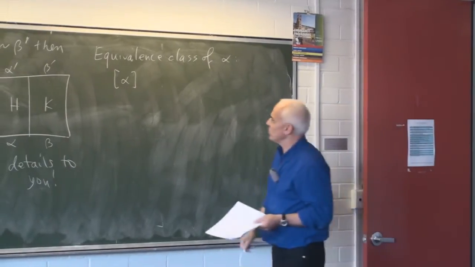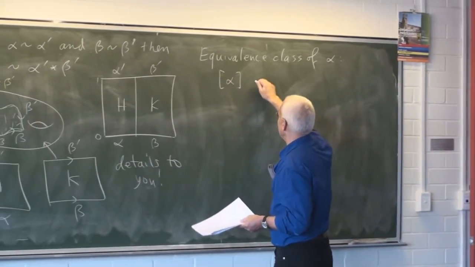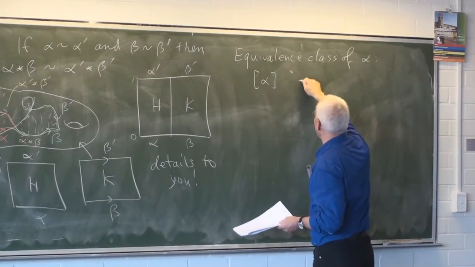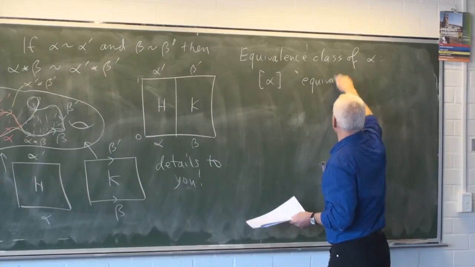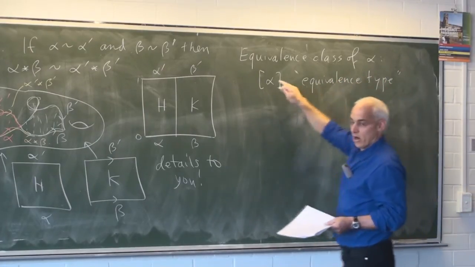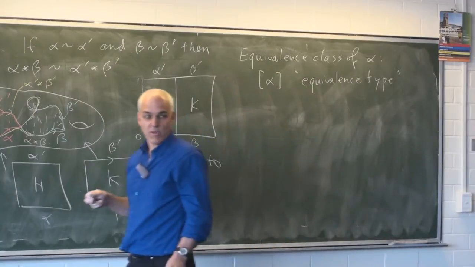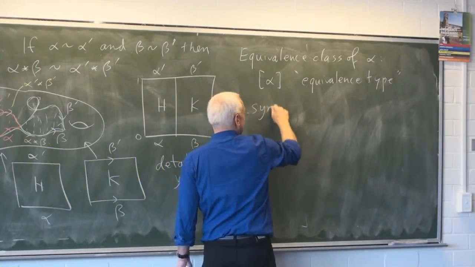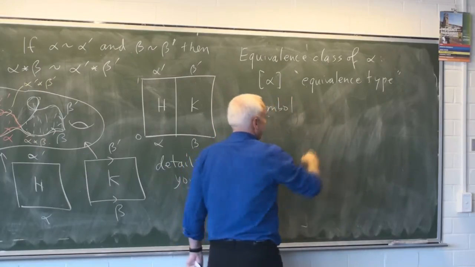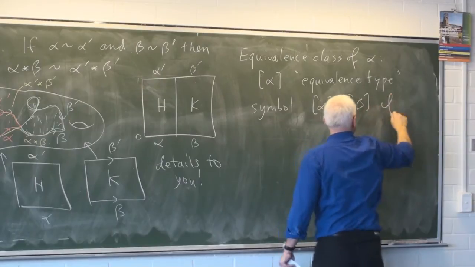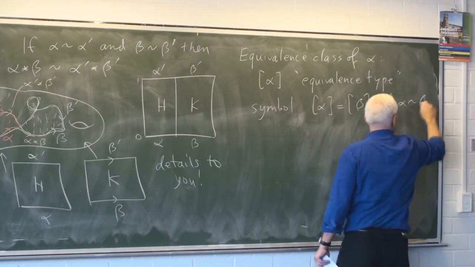So I prefer to just think, perhaps, I'll still use this symbol, but if you want to be a little bit more honest, you might think of this as an equivalence type. In other words, you can just regard this as a symbol, with the agreement that alpha equals beta if alpha is homotopic to beta.